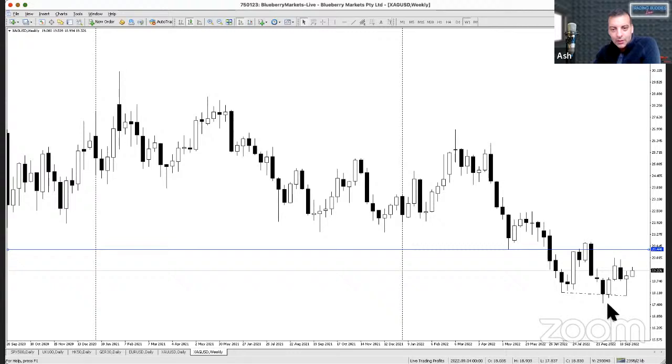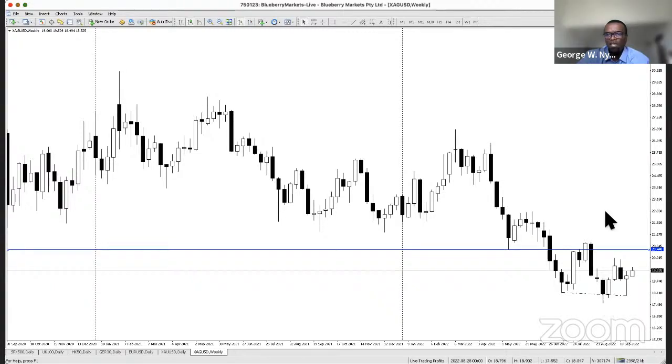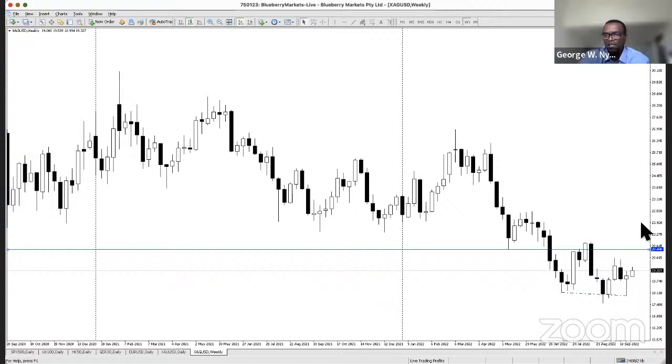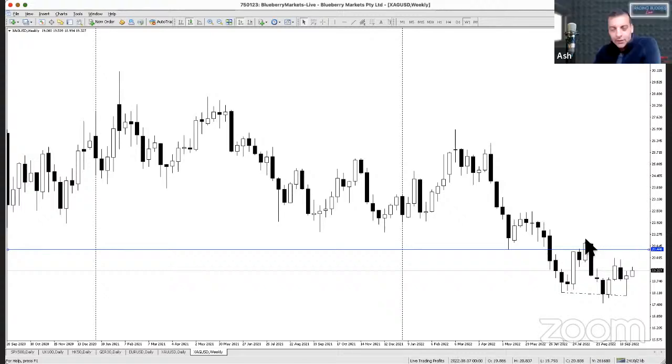And if we break out above this level, we could actually go higher and try to test those levels. I don't know how long that will take. You might enjoy silver, George. It's nice and volatile, so for intraday traders it's actually quite a nice instrument to trade.